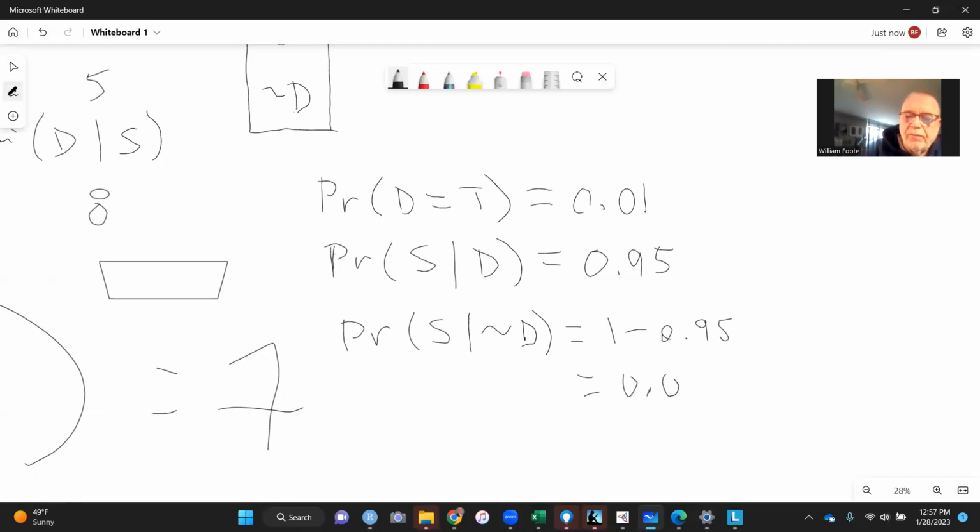Now, those of you who have been through hypothesis testing in the now conventional frequentist tradition will recognize this. This is a significance test, the idea of significance.